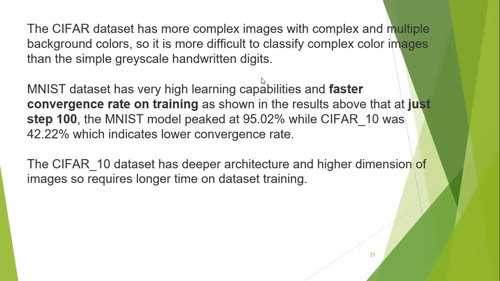This is one of the reasons why the accuracy rate differs so much. And the MNIST dataset has a high learning capability and a higher convergence rate than the CIFAR dataset on training, as shown in the table before.